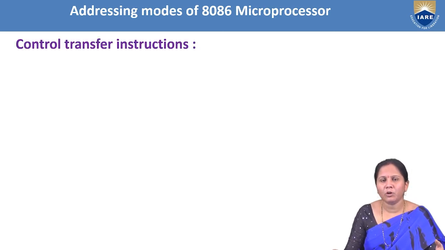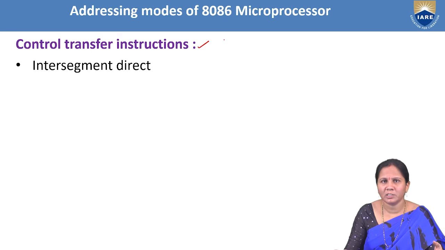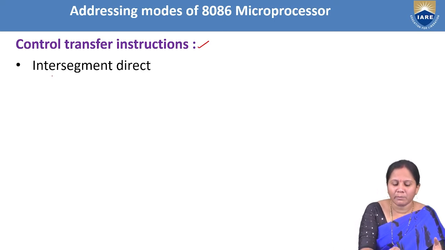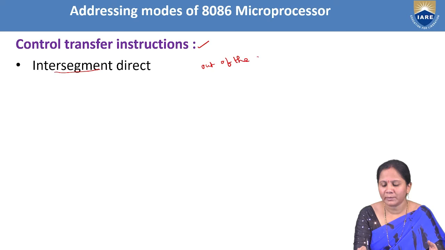Now we will see what are the different addressing modes that come under control transfer instructions. Here are some addressing modes: intersegment and intrasegment. These two are the addressing modes that come under control transfer instructions. What is meant by intersegment? Intersegment means out of the segment.